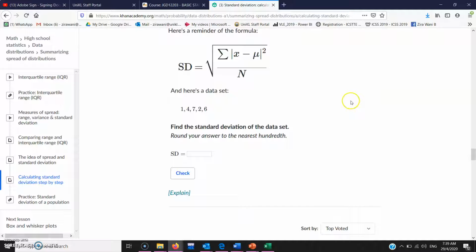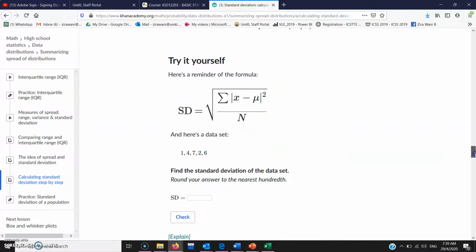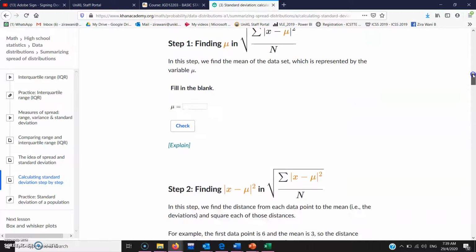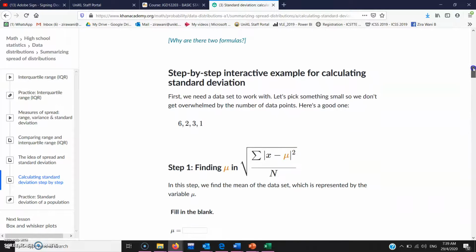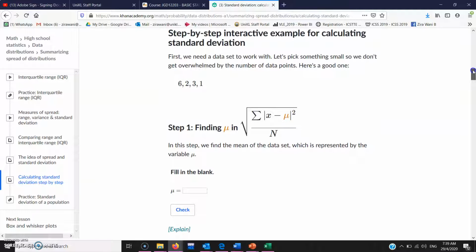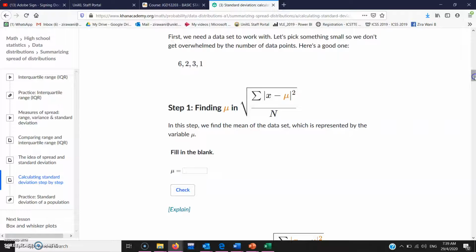You can go to this website, or you can try it by scrolling down my videos. Step 1 is finding mu, the mean of the data. Let's say the data is 6, 2, 6, 6, 2, 3, 1. When you calculate, you will get the result.